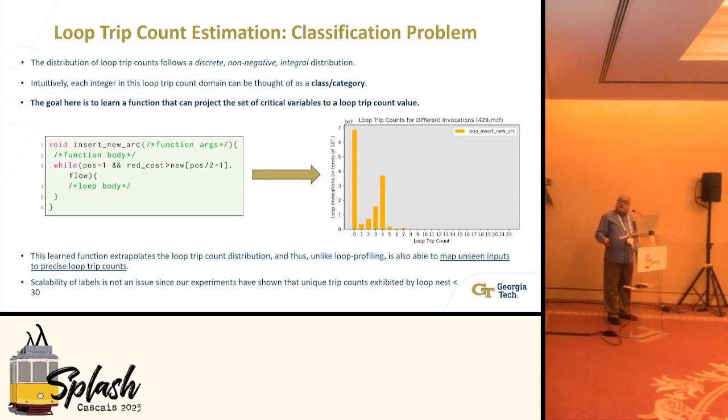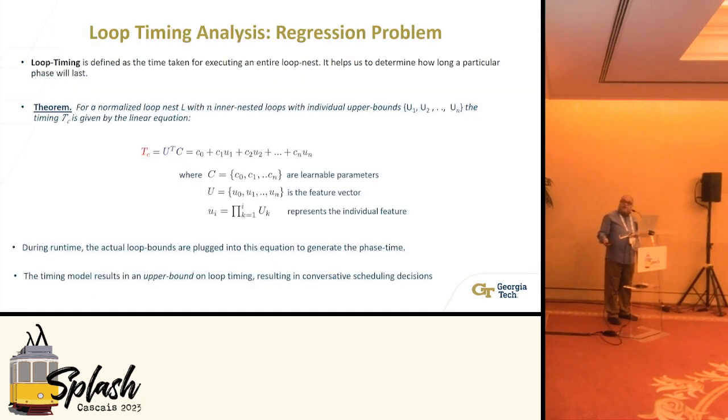But it also shows that the number of such unique trip counts is not a huge unbounded number. It actually tends to be a fixed number. So all these internal values, whatever you see here, fall into just a few of these bins over here in terms of trip counts.